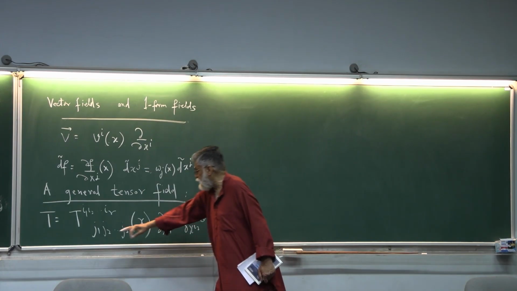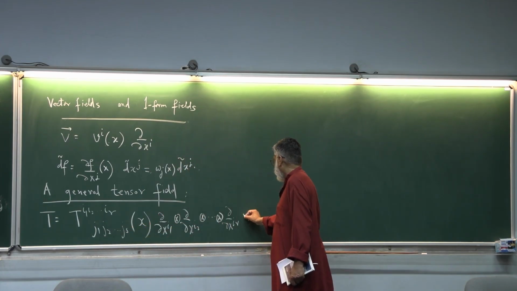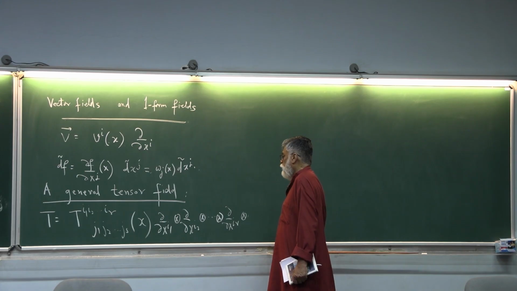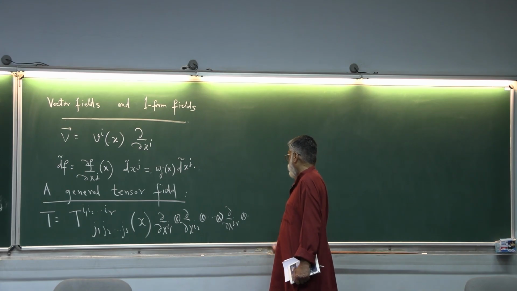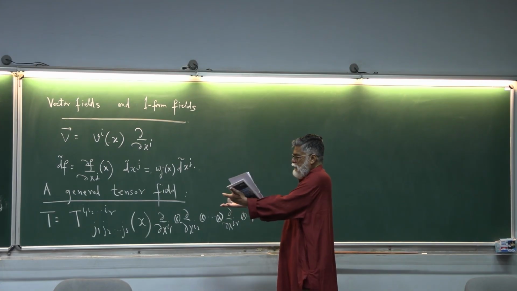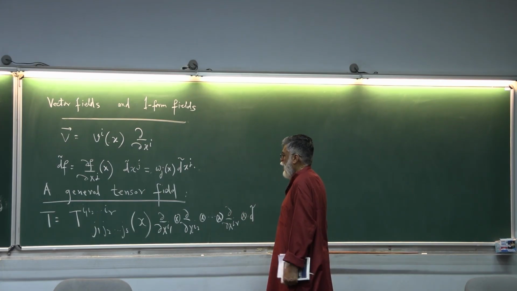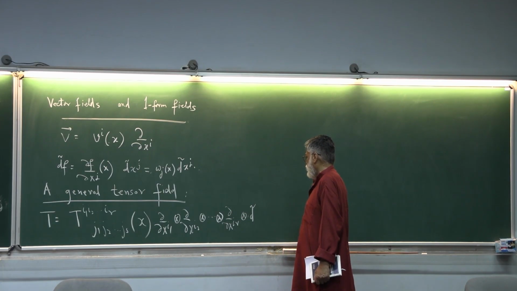And similarly, there are these lower indices, that means tensor products with one form basis vectors. I have chosen coordinate basis, but you can do it with any abstract orthonormal basis vectors.